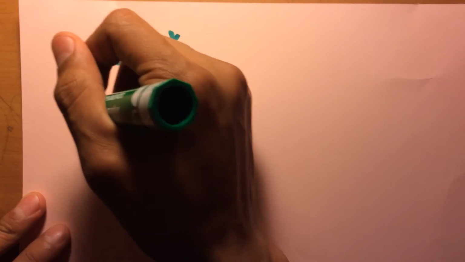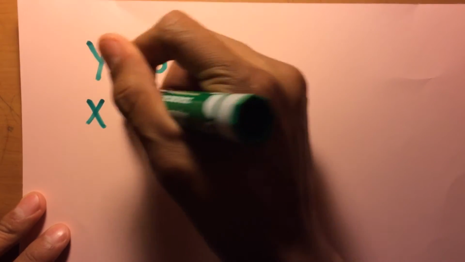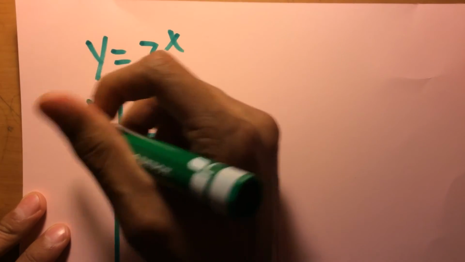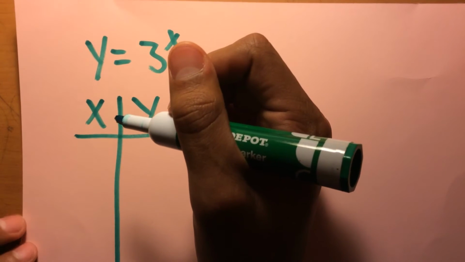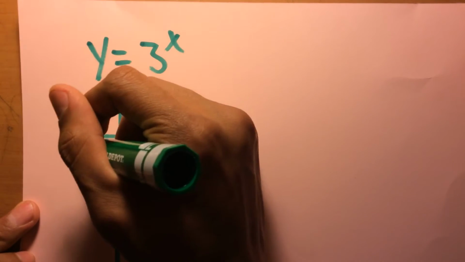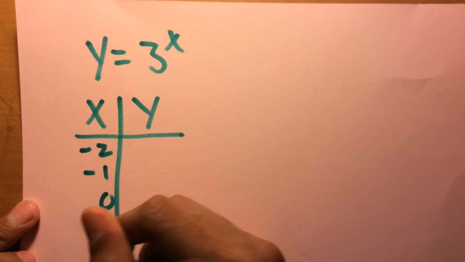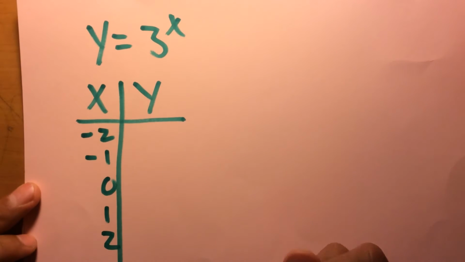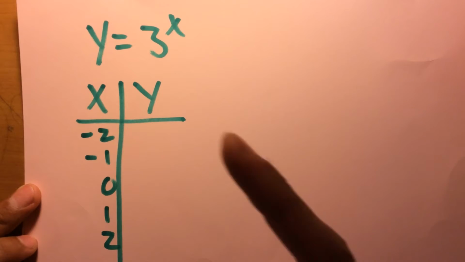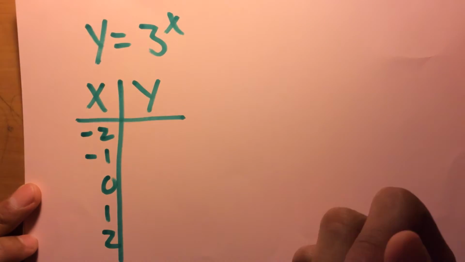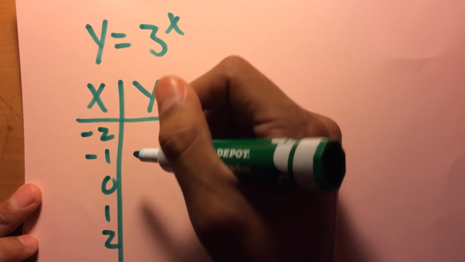To do this, we're going to need to make a table first. So x and y. We'll use relatively small x values. So we'll start with -2, -1, 0, 1, and 2. And in order to get our y values, we gotta substitute our x values with the exponent.